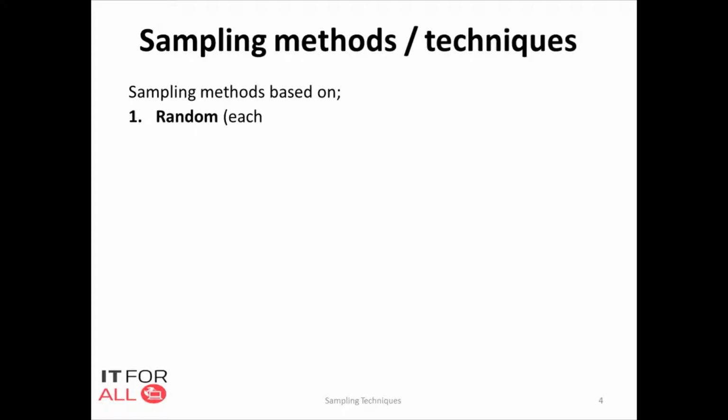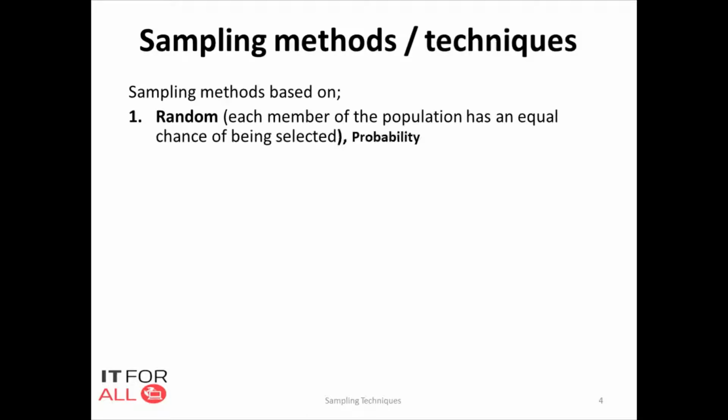So sampling methods based on the random, it's also called probability sampling. Each member of the population has an equal chance of being selected. Non-random is also called non-probability sampling.